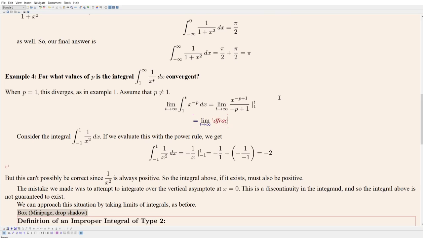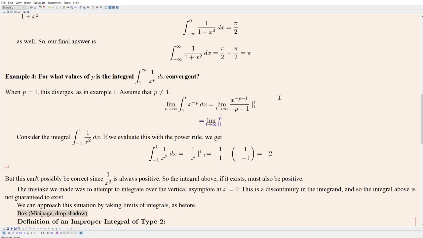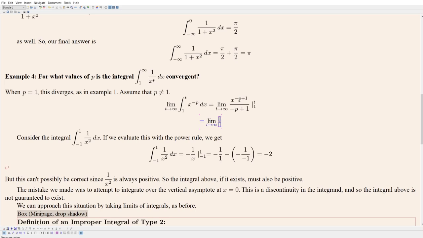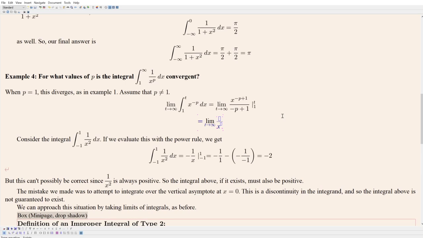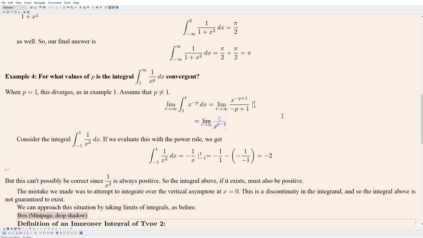So if we plug in t, we get... You know what? This negative is making me nervous, so let me put it on the bottom instead. Yeah, like so. So if I want to put it on the bottom, that means I just have to reverse the sign of the exponent.